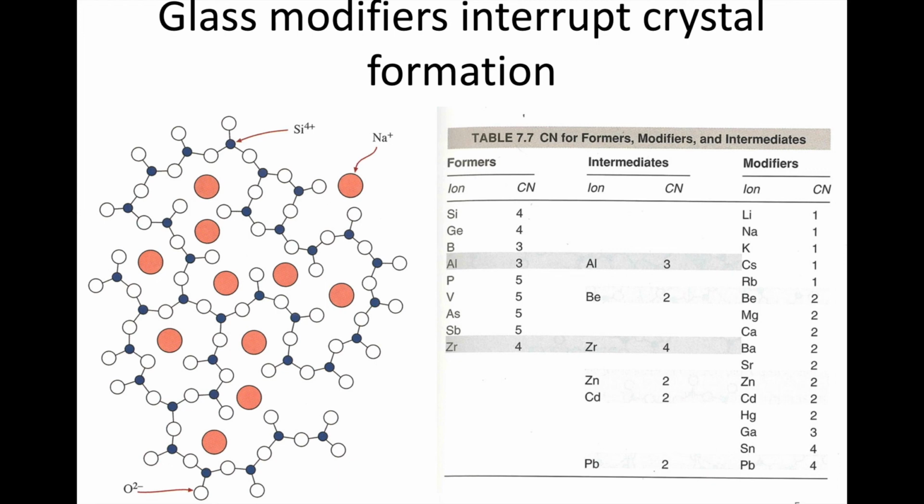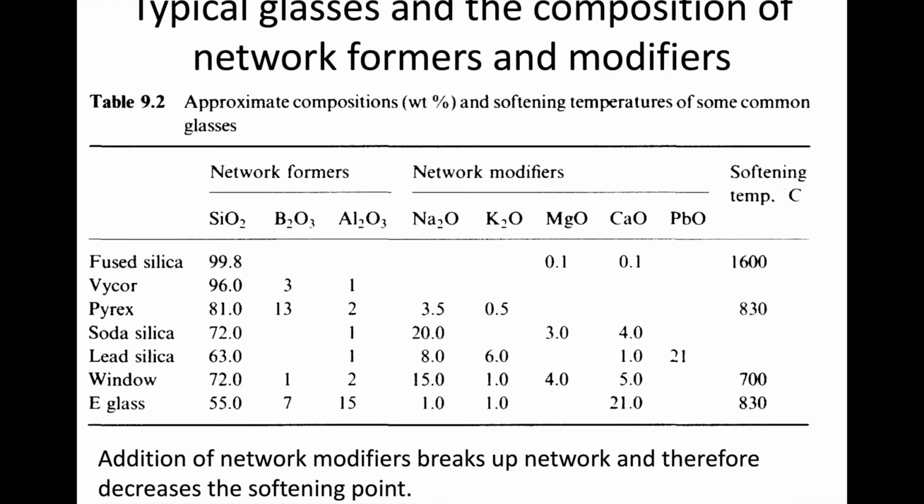And so the more modifiers you have, the easier it is to form a glass. That has important ramifications for us. So let's look at some compositions. These are typical compositions that we'll look at, and the amount of modifiers and so forth. Fused silica, also known as fused quartz, is basically just silica.